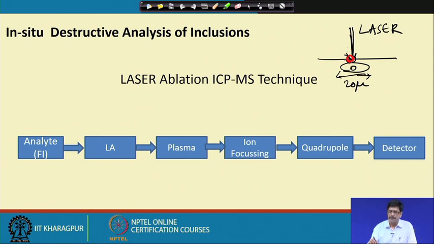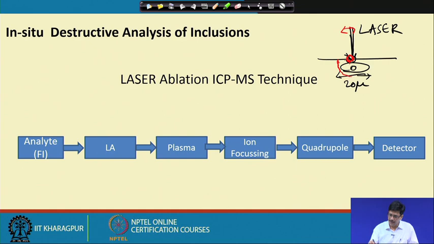With continued hitting of the pulse laser on this particular spot, it will ultimately reach the inclusion, and by increasing the beam diameter of this laser, we will get the entire content to be taken out.